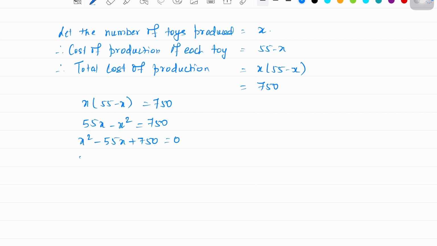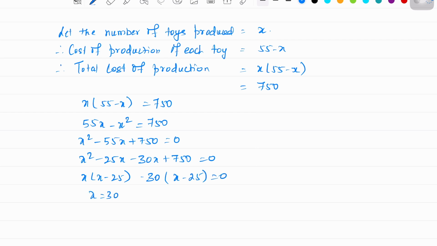So this is x squared minus 25x minus 30x plus 750 equals 0. So minus 25x minus 30x will give minus 55x. Minus 25 into minus 30 will give plus 750. So this is x into x minus 25 minus 30 into x minus 25 equals 0, or x equals 30 and x equals 25.